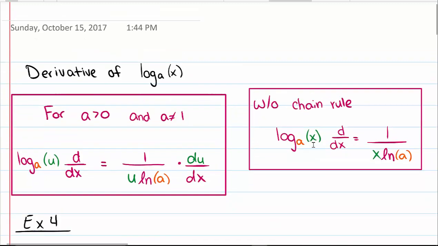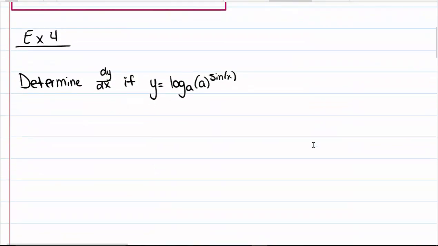So for example 4, we want to determine dy dx if y is equal to log base a of a to the power of sine of x. All right, so here we go. We're going to get y is equal to log base a of a to the sine of x.